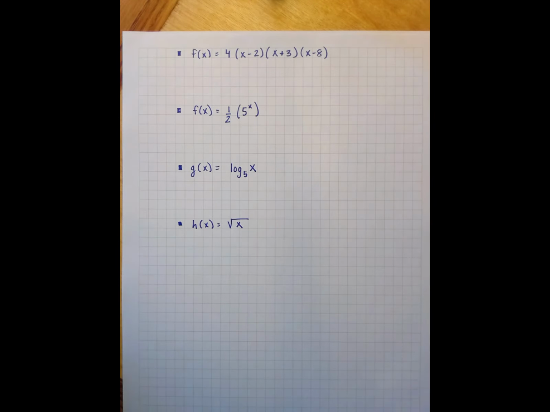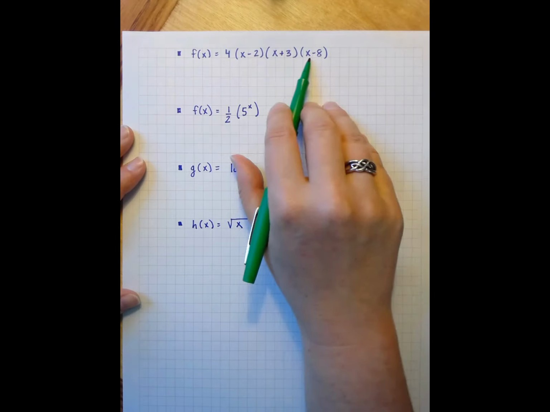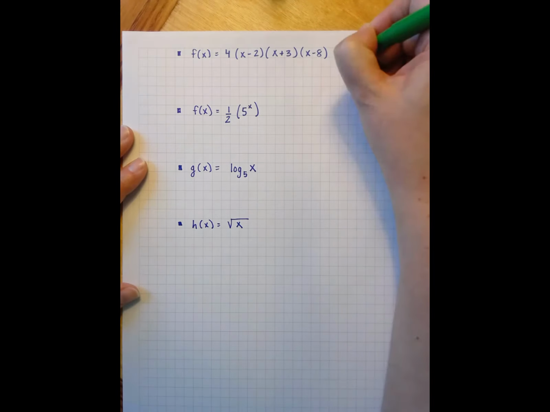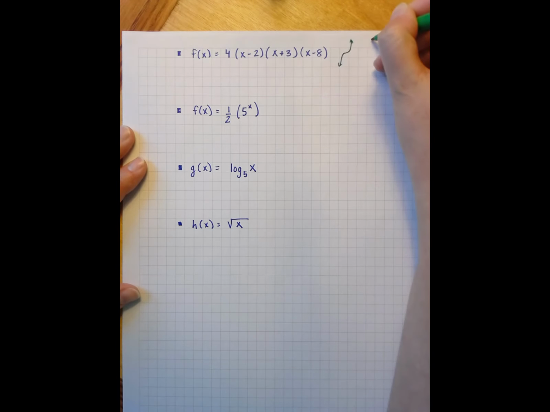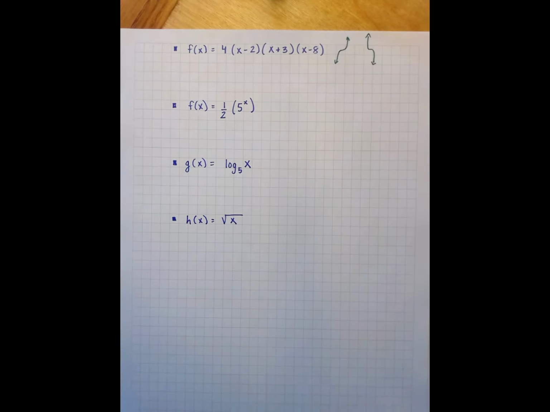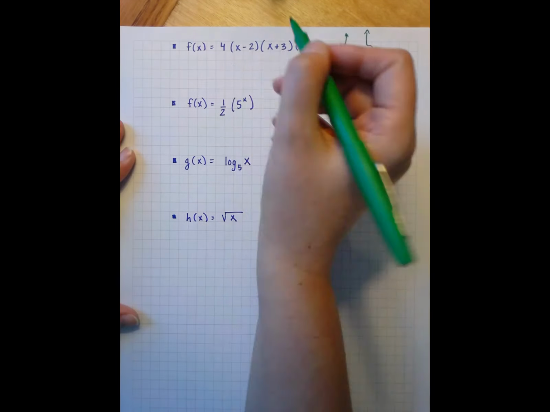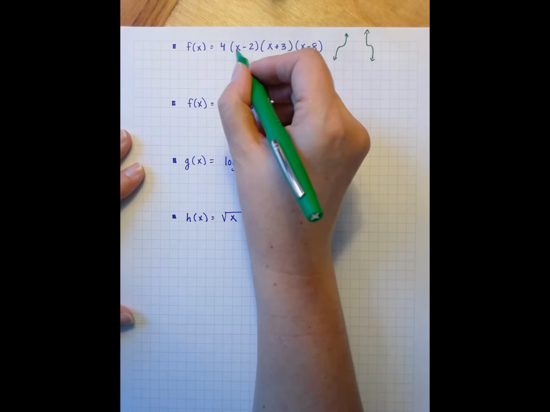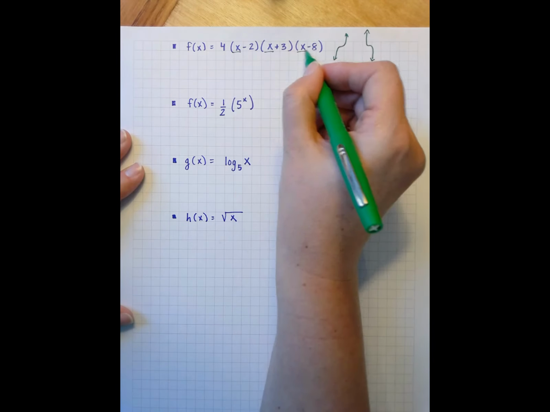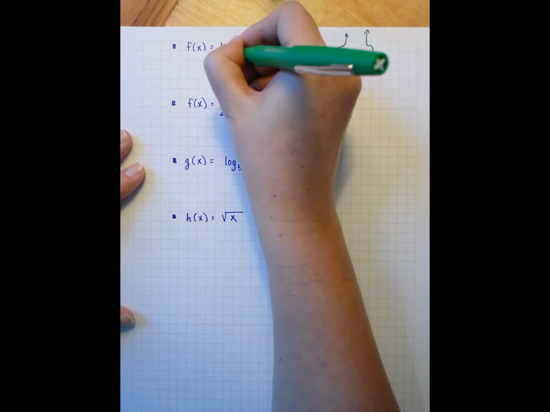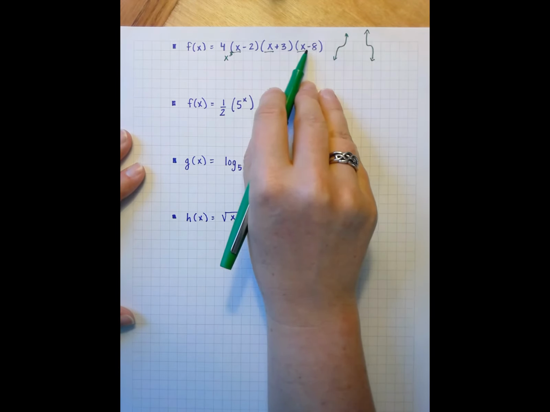For my purposes, I think the easiest thing for me to do is just to do a quick sketch. And so I can see that this is a cubic function, which means it either has this shape or this shape, one or the other in general. And so now my job here is to look at these x's. So if I do x times x times x, that's going to be an x cubed. And if I multiply these, it's positive.